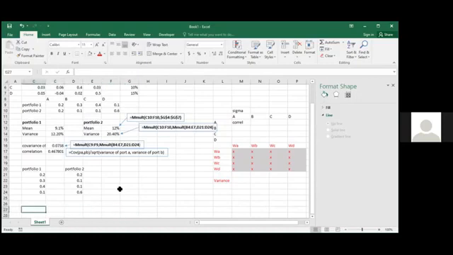Now you can calculate the returns of the combination of portfolio 1 and portfolio 2.